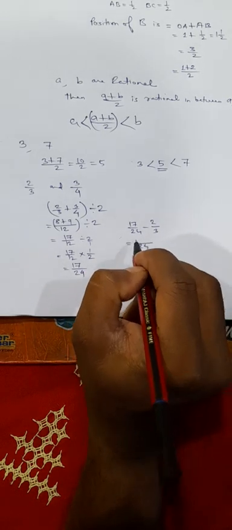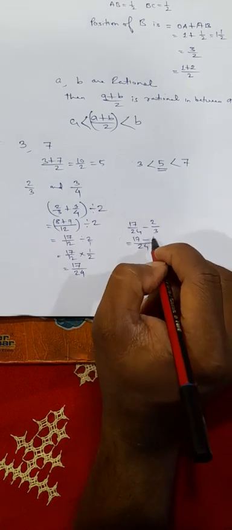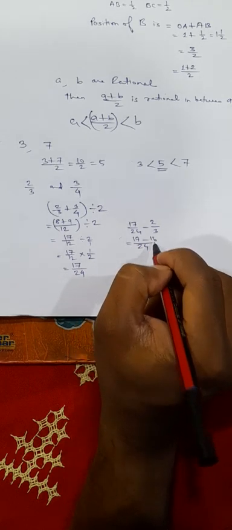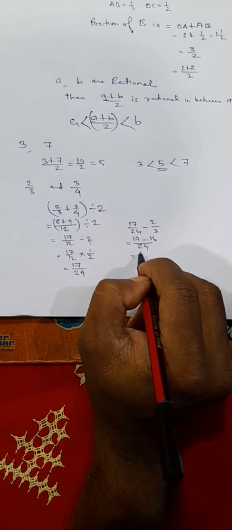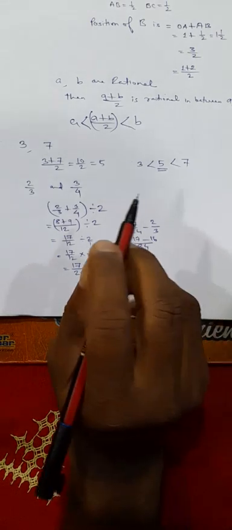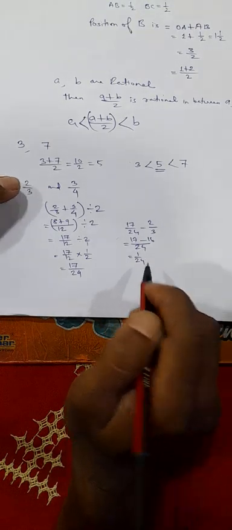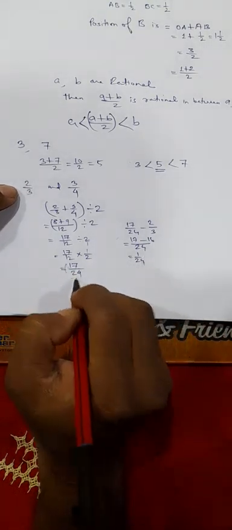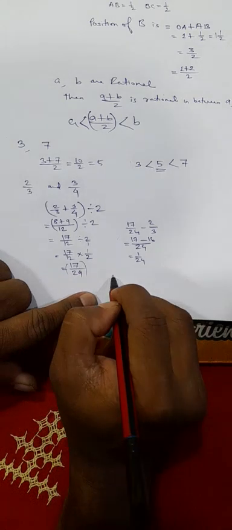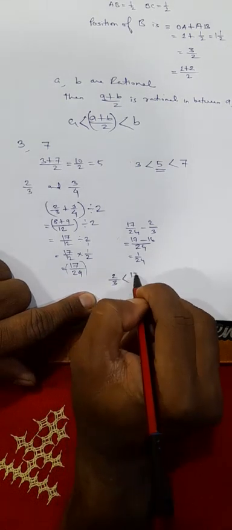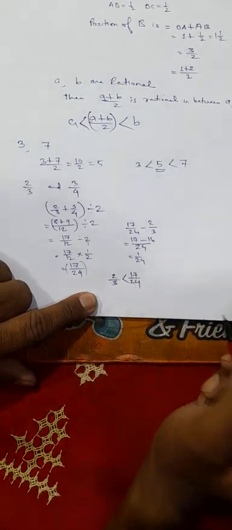LCM is 24, 17 minus 16, this means 1 by 24. Now the difference between 17 by 24 and 2 by 3 is positive. That means this number is greater than this. Therefore 2 by 3 is less than 17 by 24.